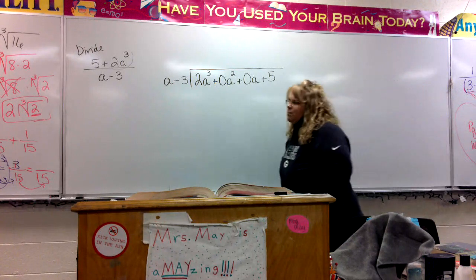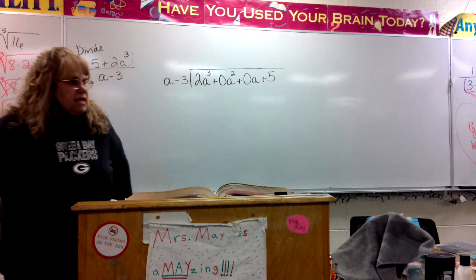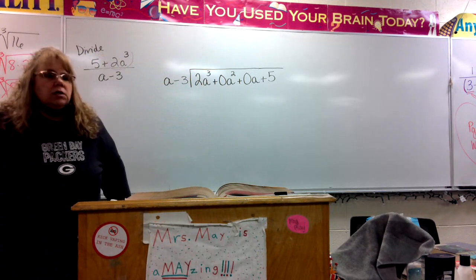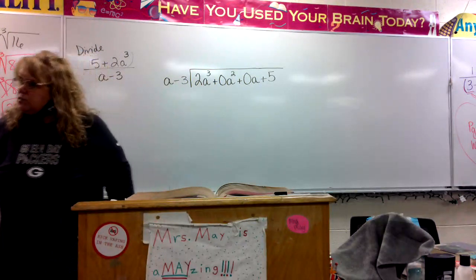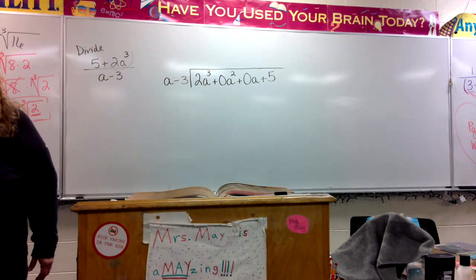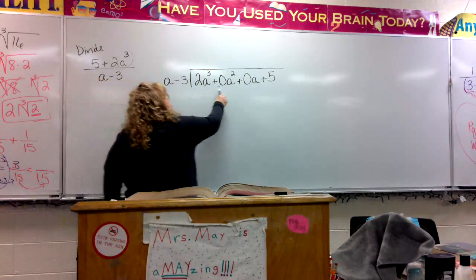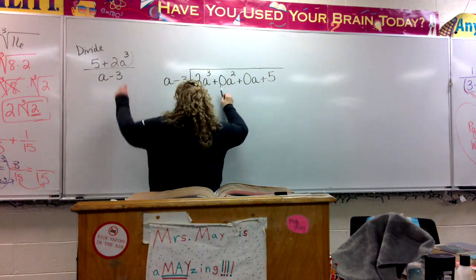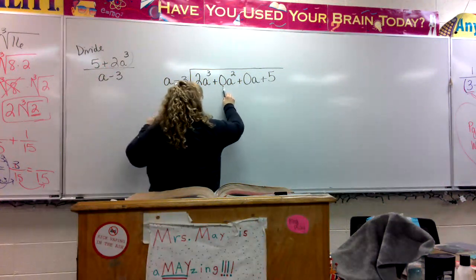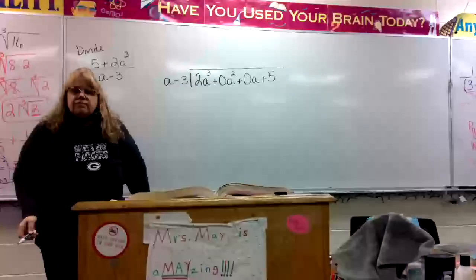It's all kittywampus, nothing lines up. None of the like terms will be lined up in order. And then you know what you'll have? A mess. So not only do they have to be in order, but if any of them are missing, you have to put in 0 of those, right?